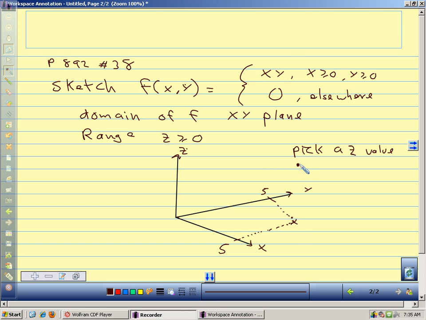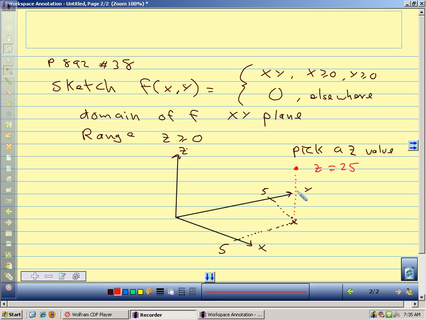So z is going to be up here at 25. Let me put that in red. So z equals 25 here, and this is right above that spot.